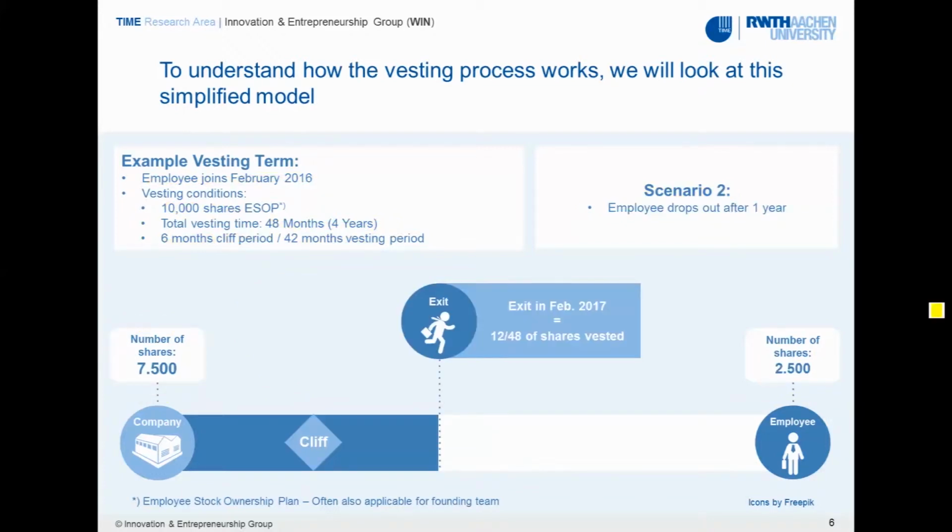Let's look at the next scenario. Same setup at the very beginning: 10,000 shares, employee stock option program, vesting 48 months, 6 months cliff, 42 months vesting period. The employee drops out after a year. So what does that mean? After a year, the cliff is already reached, so the vesting starts.